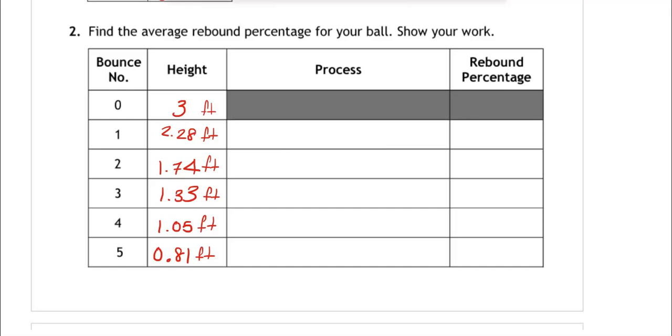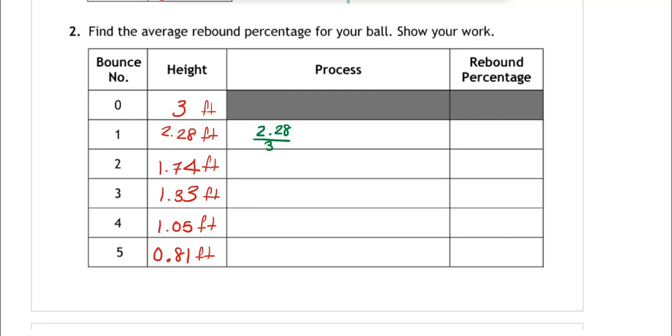So right here with this particular one, what I'm going to do is take the current bounce, which was 2.28, and divide that by the previous bounce to it. So 2.28 divided by 3. And then I've got to turn it into a percentage.